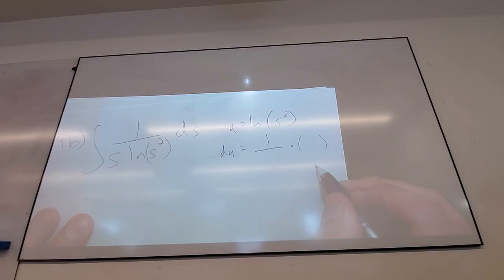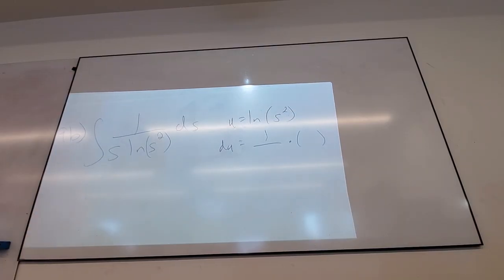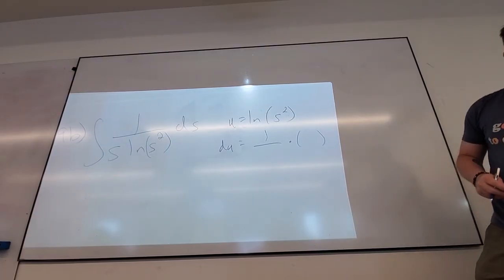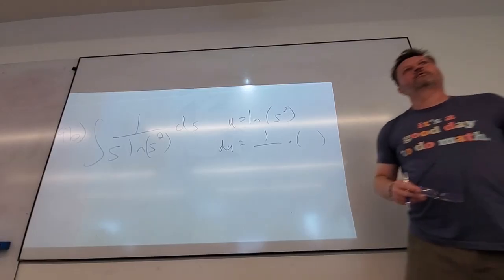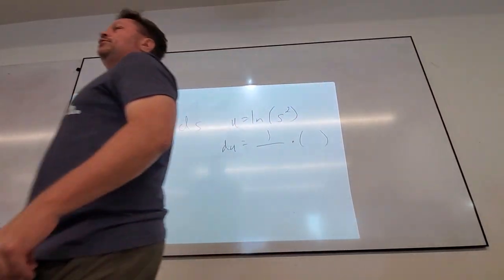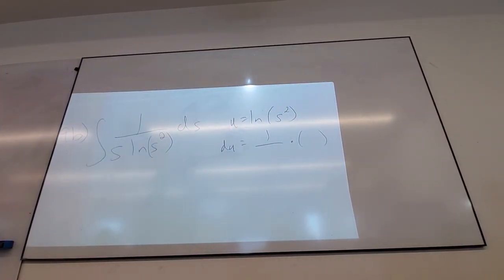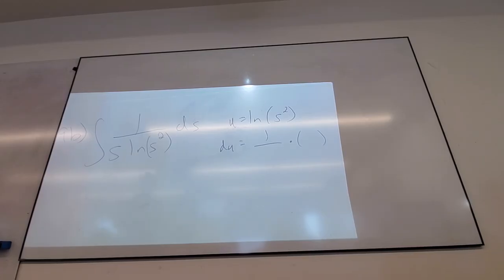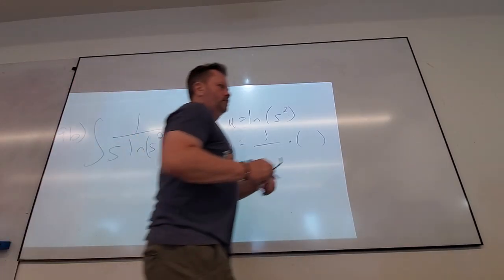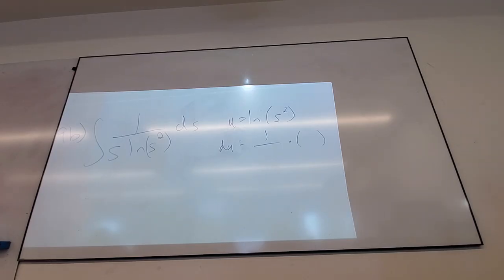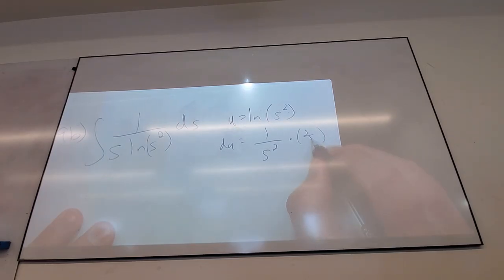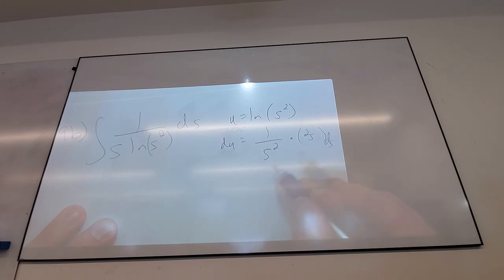Chain. The derivative of ln stuff is 1 over stuff times derivative of stuff. What can you do right off the bat here? Take away s. Yeah, the s dies a horrible death.